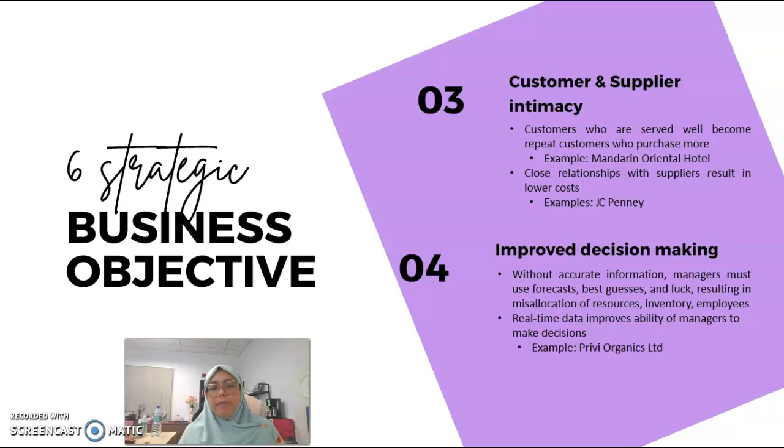We have an example, Privi Organics Limited. This is an Indian company that manufactures, supplies, and exports aroma chemical products worldwide, and they use the Oracle Human Capital Management system for real-time insight into individual employee information.